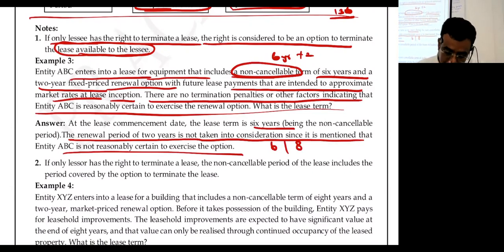Renewal period of 2 years is not taken into consideration, they say, because ATC is not reasonably certain to exercise the option. Reasonably certain to exercise. Question இல்லையா?